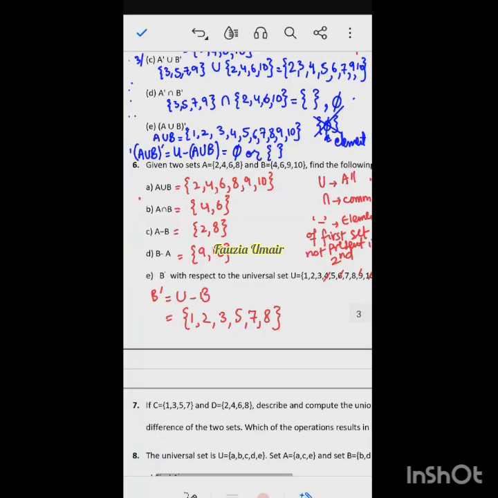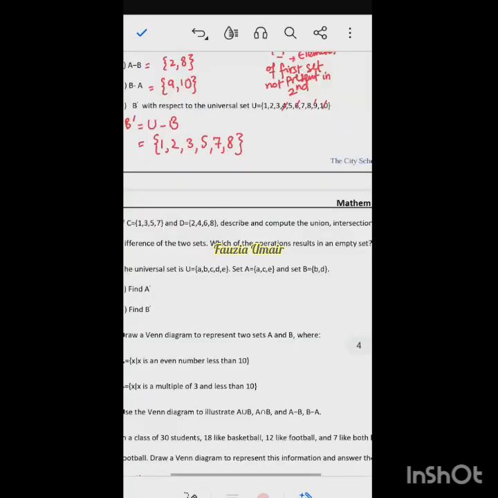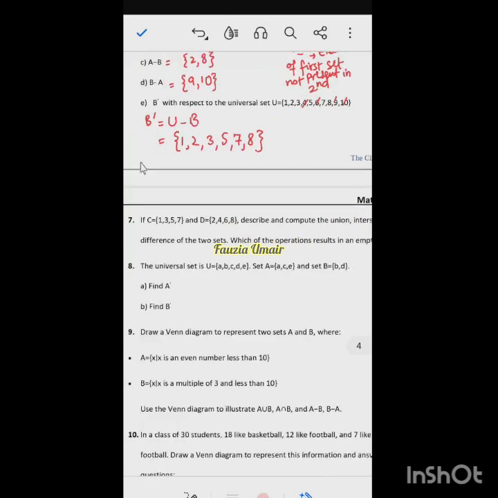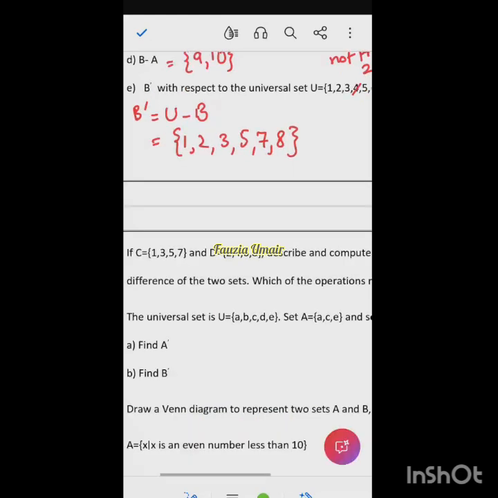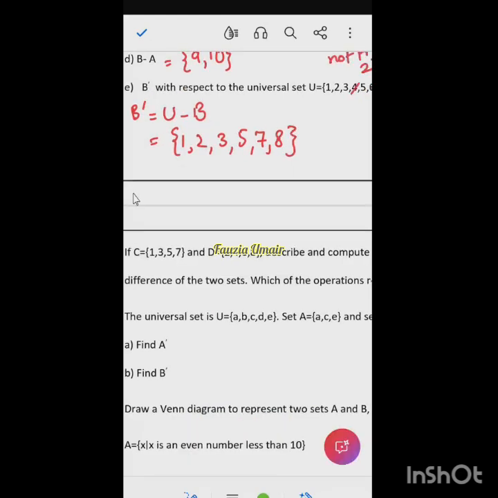And we need to see which operation results in an empty set. We need to answer these questions. So I'm utilizing this space to write down the answer. The sets are in front of you. Starting from union, who can help me in writing the answer? What would be C union D?